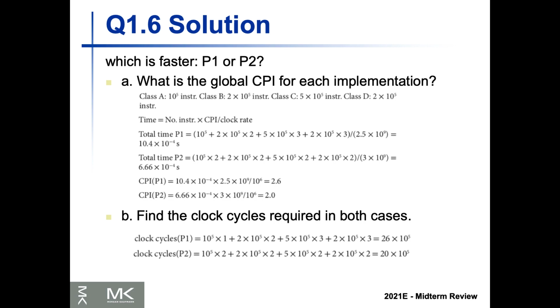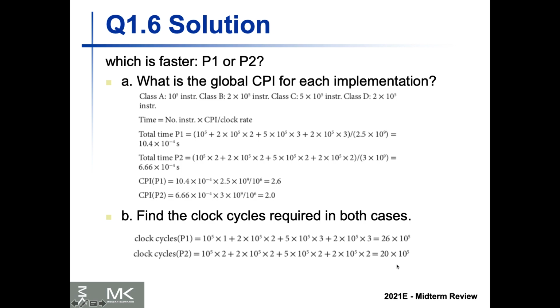So, for B, we have to find the clock cycles required in both cases. If you just use that formula to find the clock cycles for P1 and P2, you're going to see that the final result would be 26 multiplied by 10 to the power of 5 for P1, and for P2, it would require 20 multiplied by 10 to the power of 5.